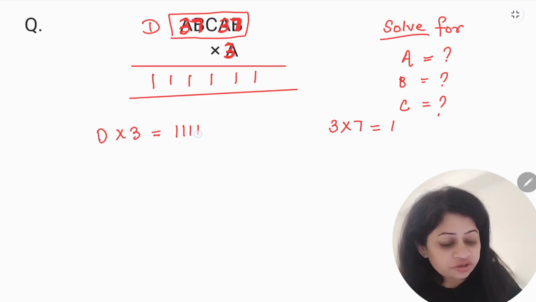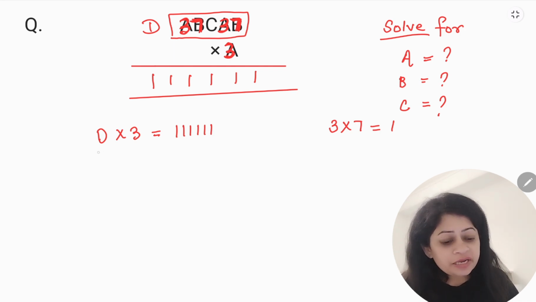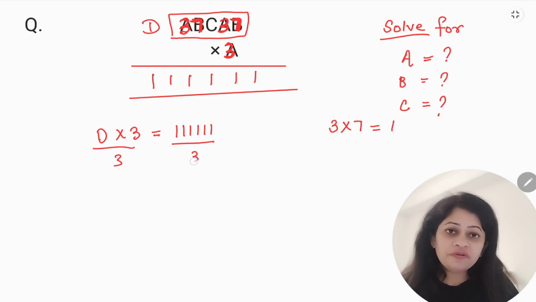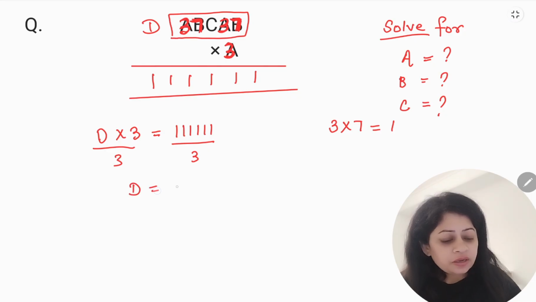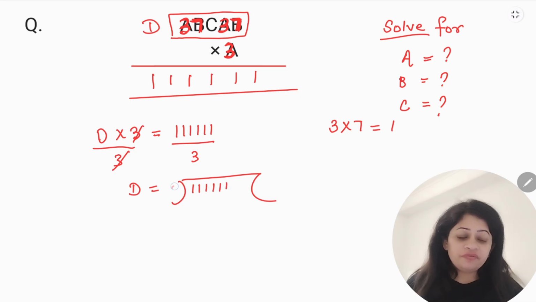This number, 6-digit number, right? Okay. If I need to figure out what D is, what will I have to do? I can divide by 3 on both sides. I will have to reverse the operation. Then D will be equal to, if I divide this 1, 1, 1, 1, 1 by 3.